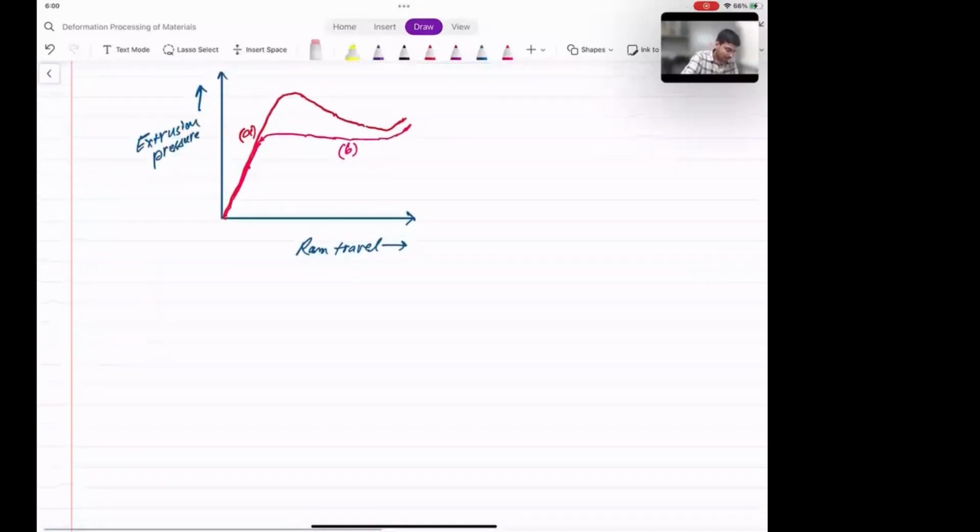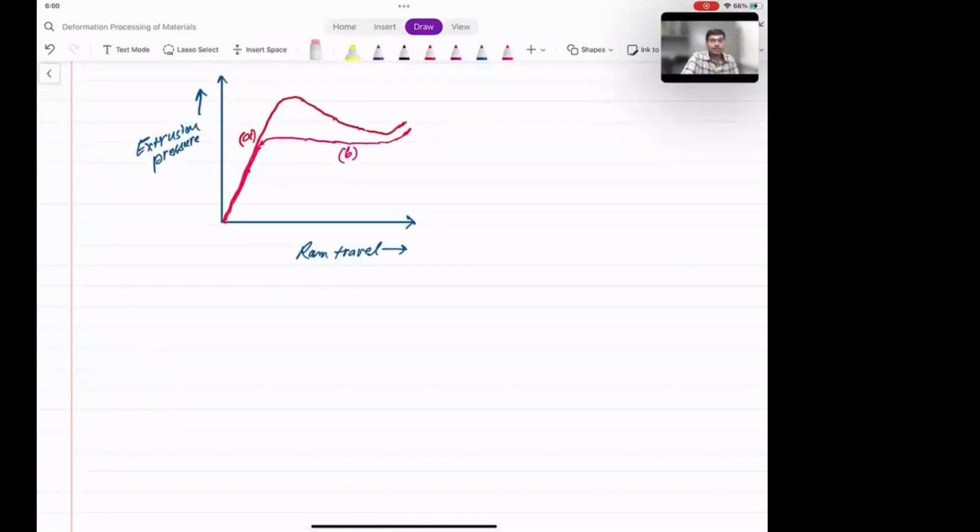Okay, so in case of the direct extrusion, the initial increase in the pressure is not sudden, it is a continuous increase, basically due to the reason that in the initial stages the billet flows or tries to fill the container completely on application of the load. So that's why this pressure keeps on increasing.